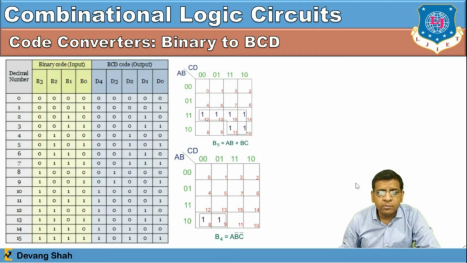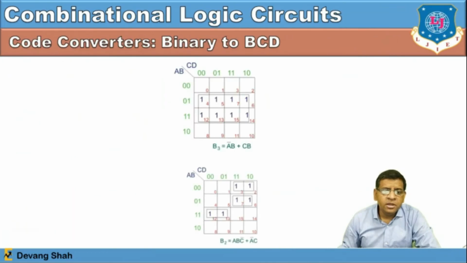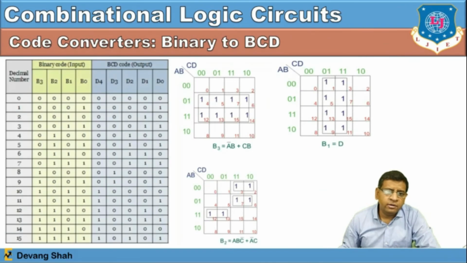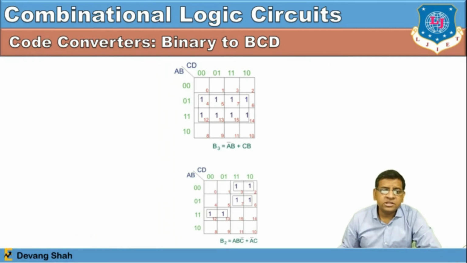But in the K map, it becomes B5, B4, B3, B2 and B1. Just take B0, B1, B2, B3 as A, B, C, D, and you can take D0, D1, D2, D3, D4 as B1, B2, B3, B4 and B5, right? So each and every aspect you can check here.